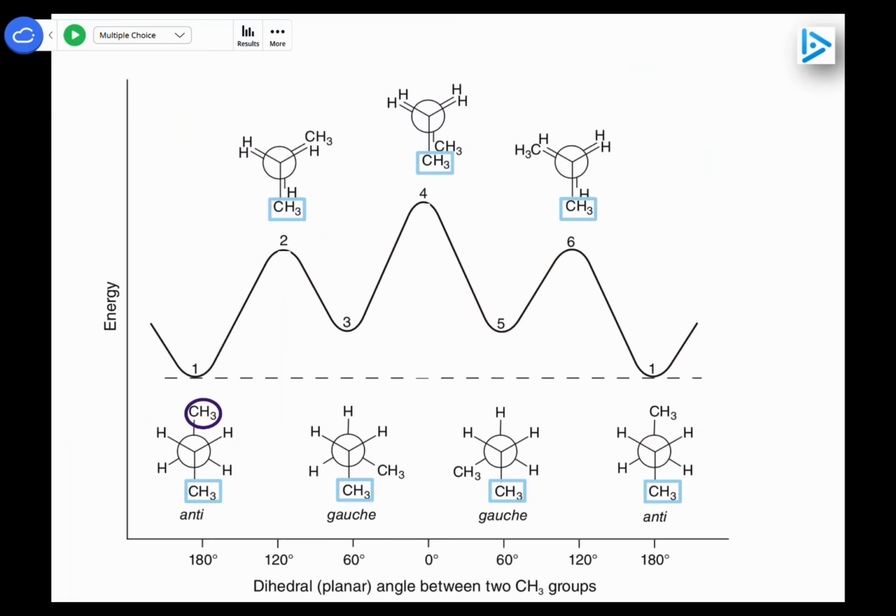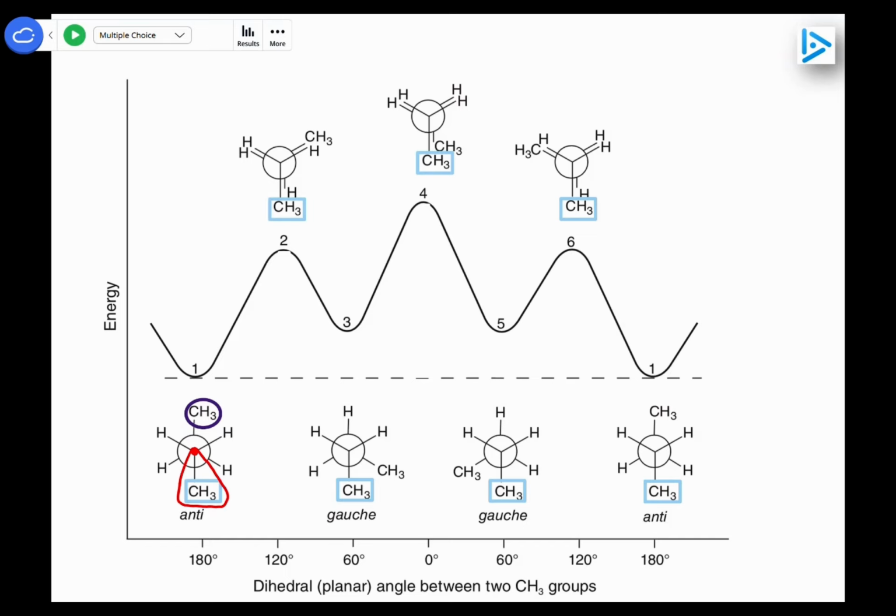Okay, so we can actually plot the energy level of these different conformations, and you can predict the relative energy level of different conformations of unique molecules. So we are going to keep the front carbon and its methyl group in the same spot.